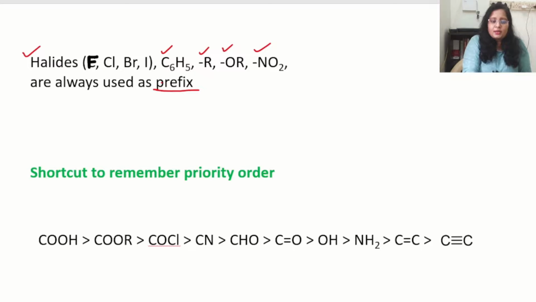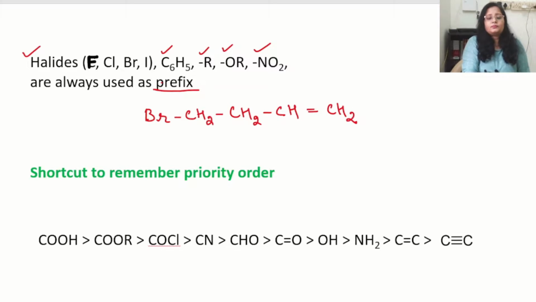Let's have an example like this. In this example, we can see we have bromine and a double bond. So we will give the preference to the double bond over the bromine. So write numbering 1, 2, 3, 4, 5.